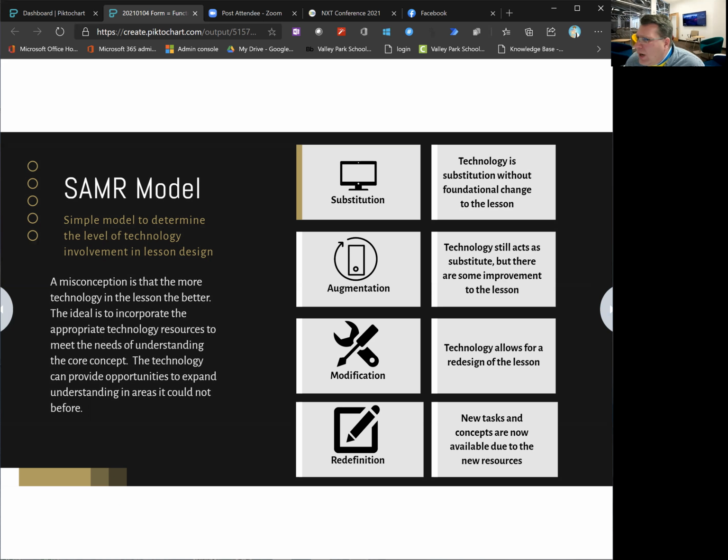And then, wow, now we can redefine our lesson, right? We can come up with new tasks and concepts. We can now take that, and we've worked with understanding, substituting with the technology and augmenting it with new tools. We've modified it to maybe have a differentiated element of field trips with experts, but hey, now we can redefine that whole lesson. We can create things, we can create elements that are totally new.